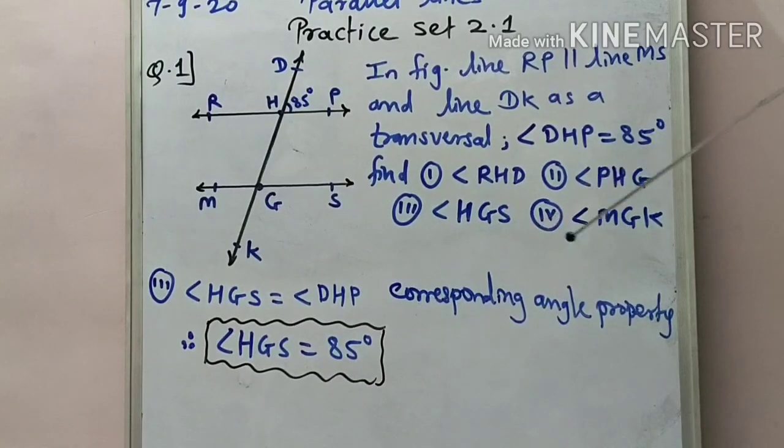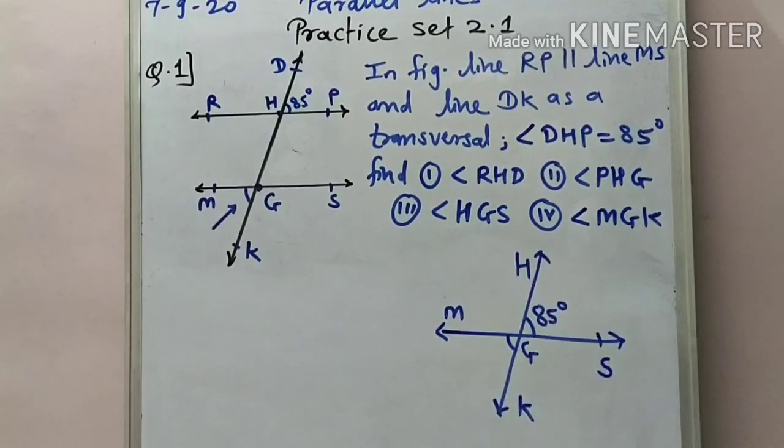The last one is to find the measure of angle MGK, and according to the figure, here is angle MGK. You observe here that angle HGS, which we found in the third, is 85 degrees. So angle MGK and angle HGS are what? Vertically opposite angles, and hence both angles have equal measures. So angle MGK is also 85 degrees. Or you may take this pair also, angle MGK and angle DHP.